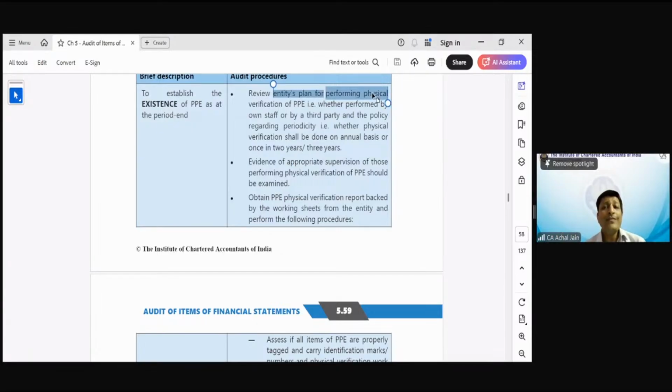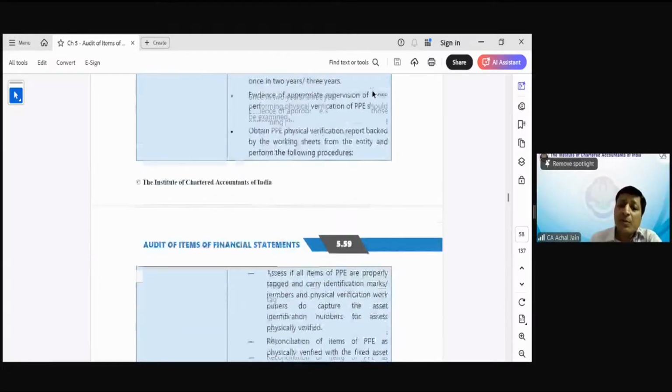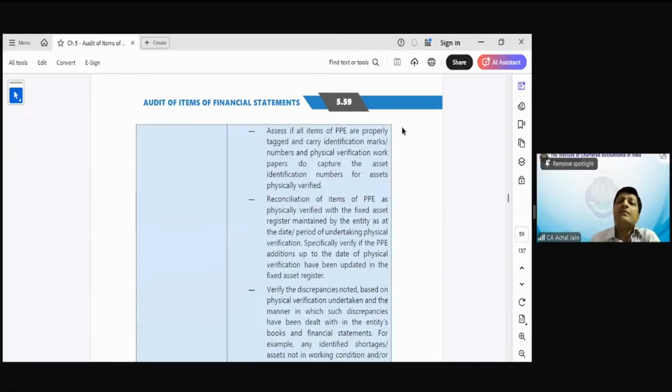Whether this will be performed by own staff or a third party, and what will be the periodicity? Is it on an annual basis, or twice, or say once in 2 years or 3 years or 4 years? Once the physical verification is done, the physical verification report will have to be looked at.